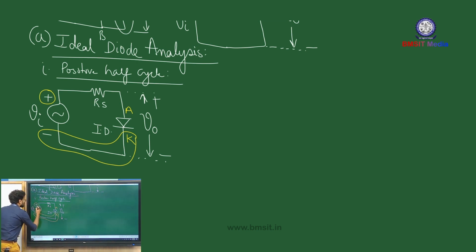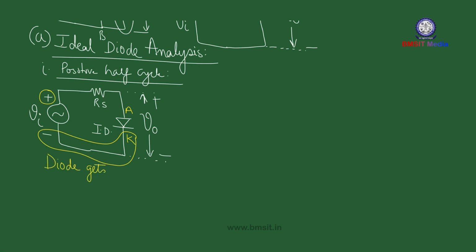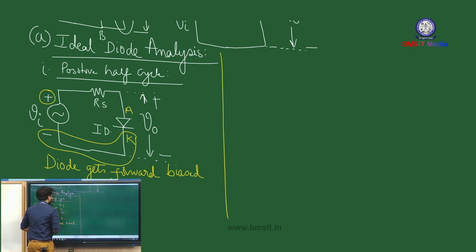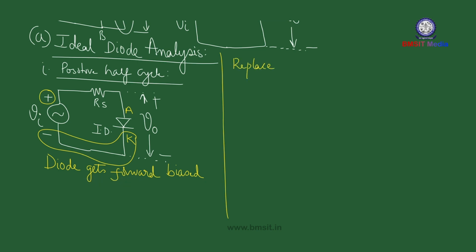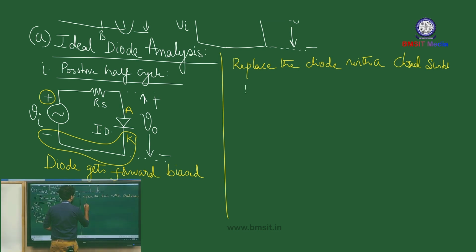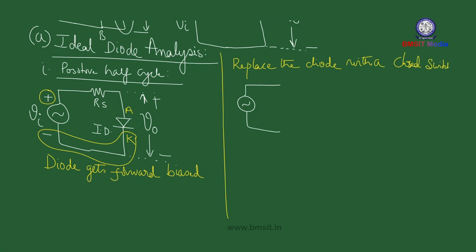So for the positive half cycle, the diode gets forward biased. When the diode gets forward biased, we can replace the diode with a short circuit equivalent, or a closed switch. So this is how the circuit is going to appear.